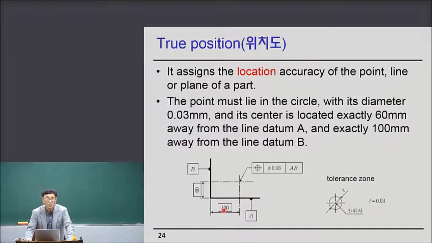The 100 is enclosed in the rectangular shape, so it means true position of 100 millimeter.